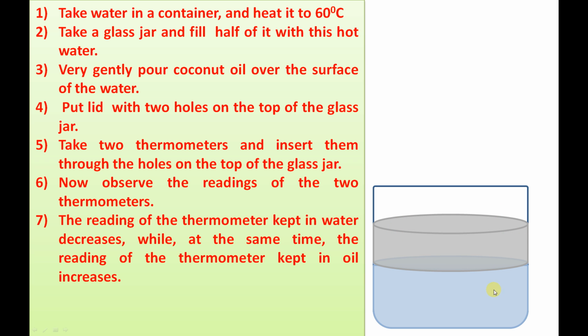After that, put a lid with 2 holes on the top of the glass jar. Afterwards, take 2 thermometers and insert them through the holes on the top of the glass jar.